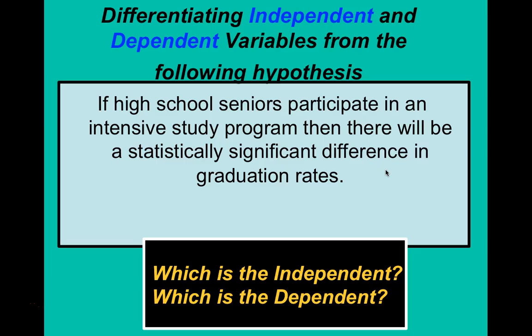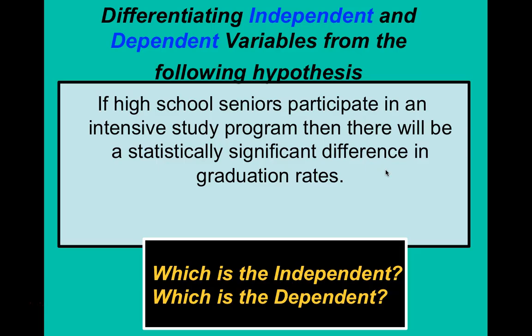Ask yourself the question, does taking a study program depend on the graduation rate, or does the graduation rate depend on if the students take the study program or not? So the second one obviously makes a lot more sense.